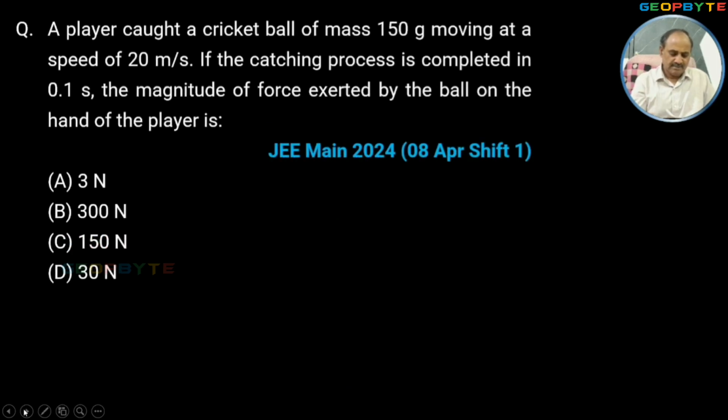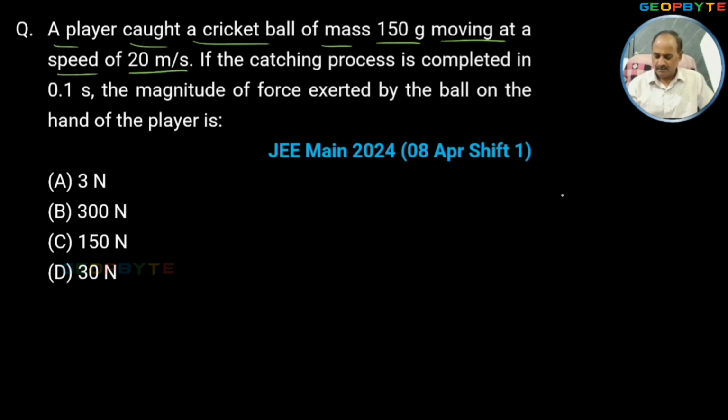Then look at another important problem. It is asking like this. A player caught a cricket ball of mass 150 grams moving at a speed of 20 meter per second. Here mass of the cricket ball is given 150 grams equal to 0.15 kilograms.